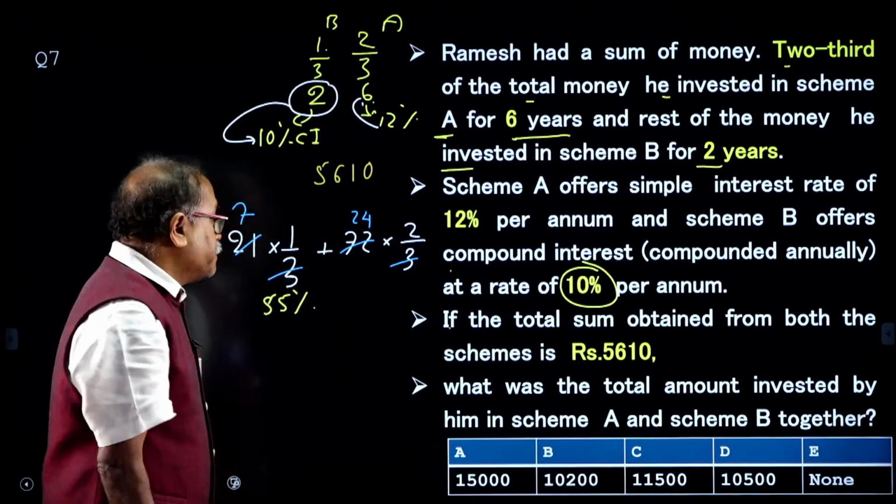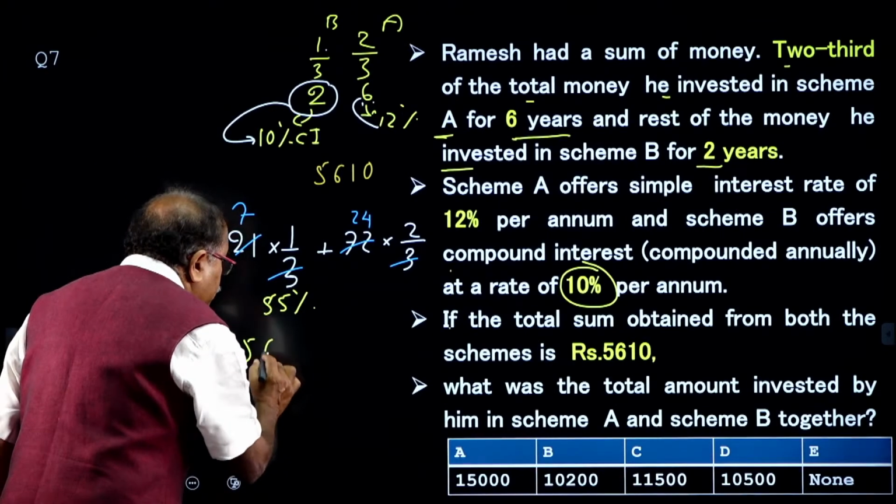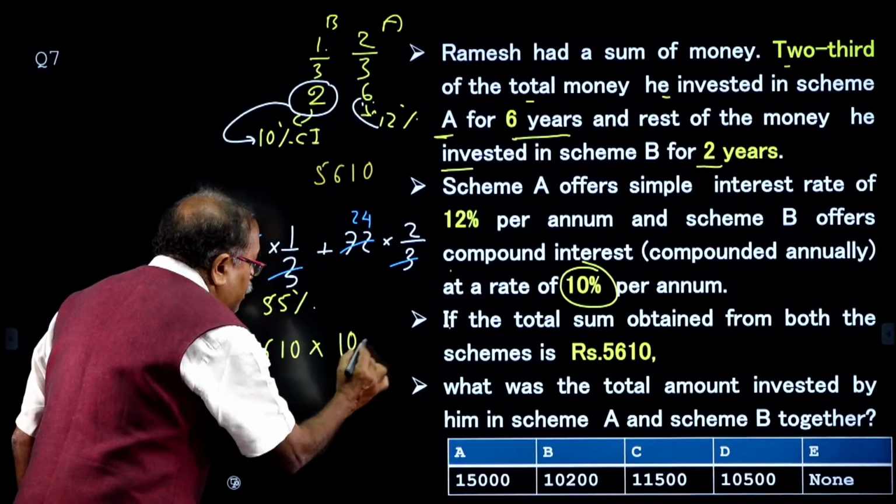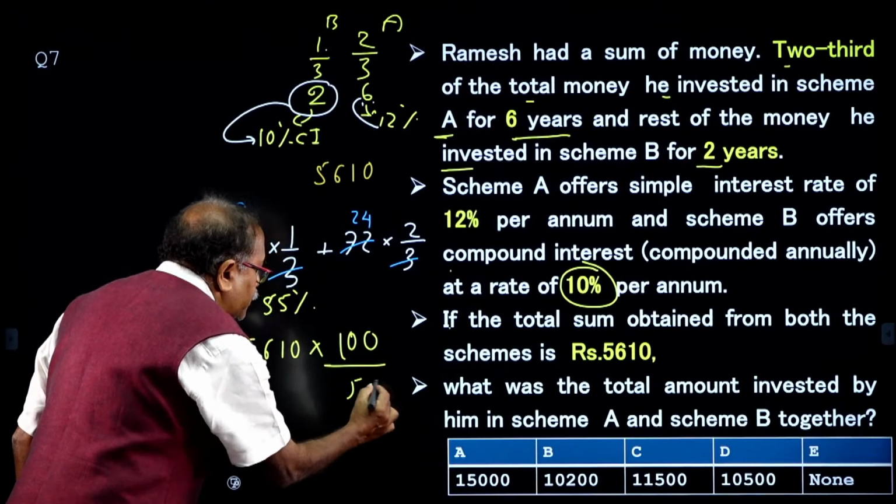Wonderfully done, sir. So, that is 5610 into, I need the 100%, what is 55%.